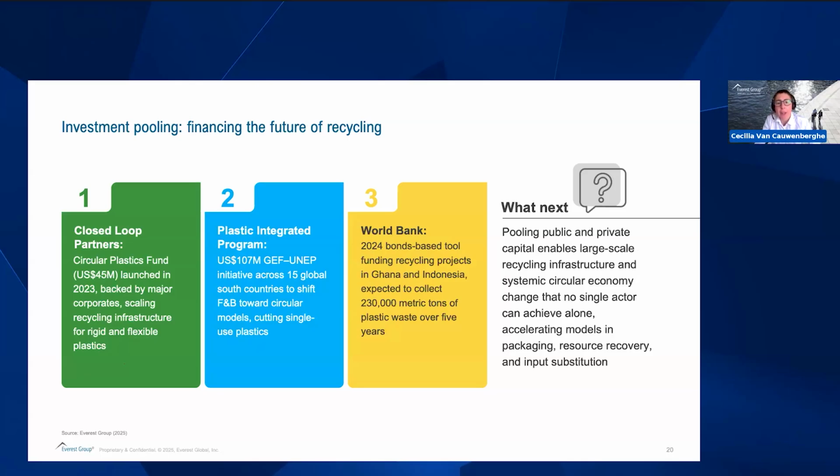The program's technical assistance component establishes quality standards and digital tracking, and operates across 15 Global South countries through blended financing. Governments supply land and logistics, and corporations provide processing technology and training.